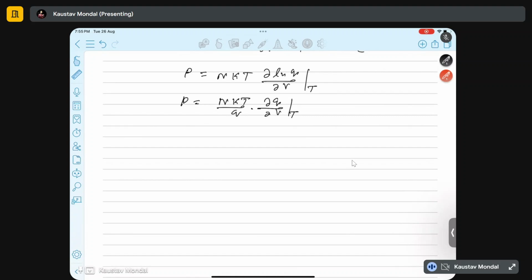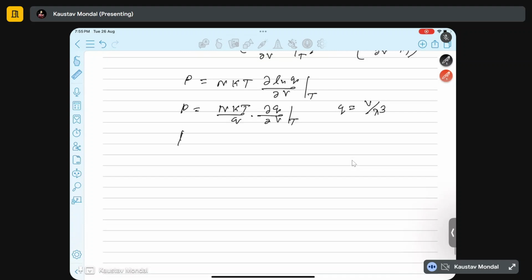Now in this case, the partition function q would be simply V by lambda cubed, where V is the volume. So P would be NkT by q times delta q by delta V, where q is V by lambda cubed and delta q by delta V is 1 by lambda cubed at constant temperature.